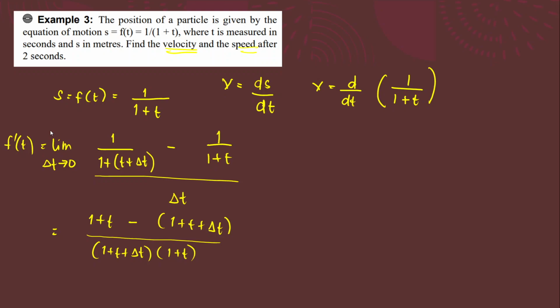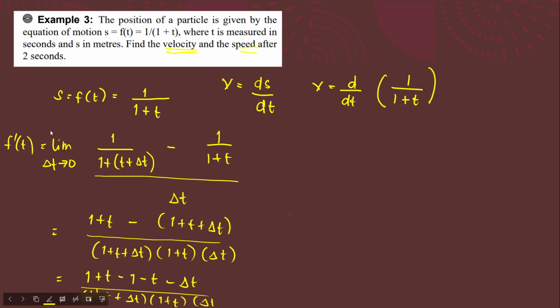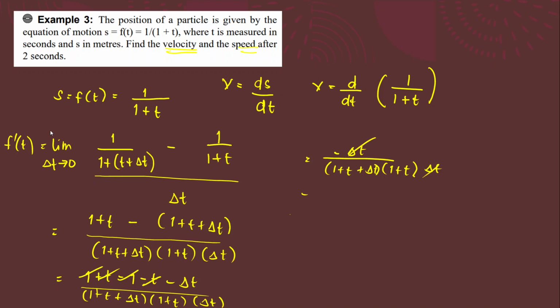Okay? So, simplify further, all over delta t. So, nandito si delta t. Okay, simplify further. 1 plus t minus 1 minus t minus delta t. Distributed yung negative. Okay. 1 plus t plus delta t times 1 plus t. Okay. So, magka-cancel to. Ang matitira is negative delta t over 1 plus t plus delta t times 1 plus t. So, magka-cancel to. May matitirang negative 1 over 1 plus t plus delta t times 1 plus t. Okay.